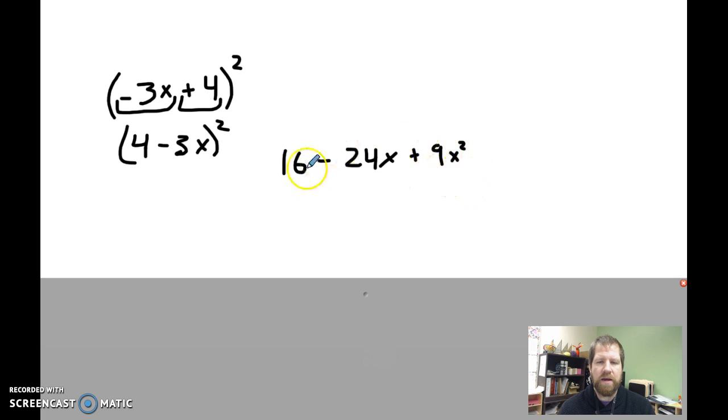Okay, and then I can reorder this to put it into the proper order for standard form of a trinomial, right? That would be 9x squared minus 24x plus 16.